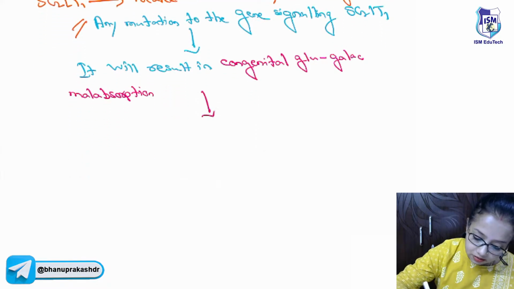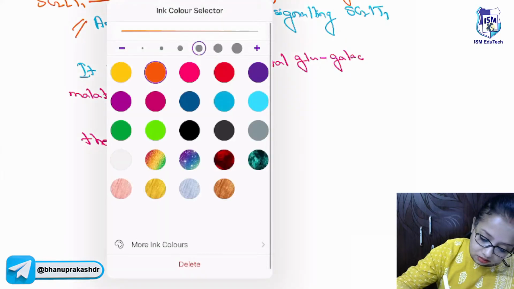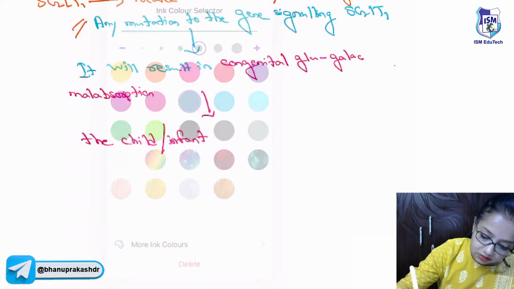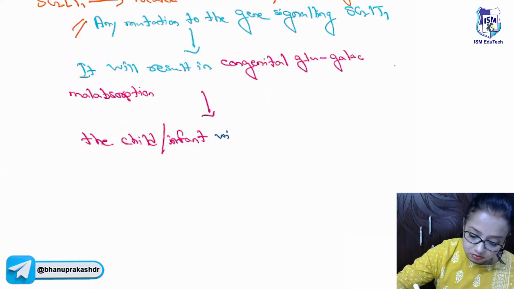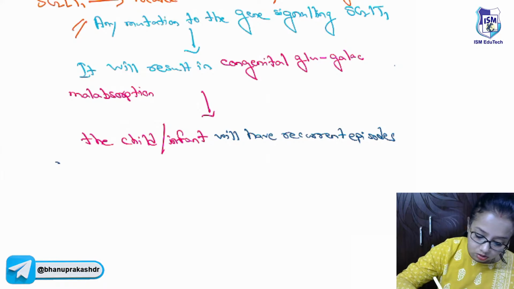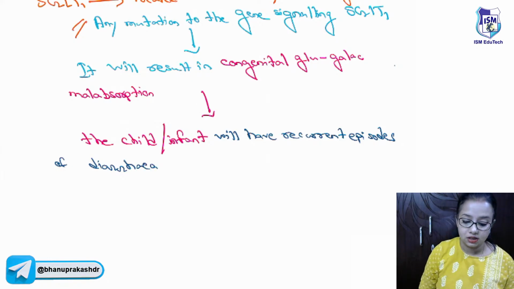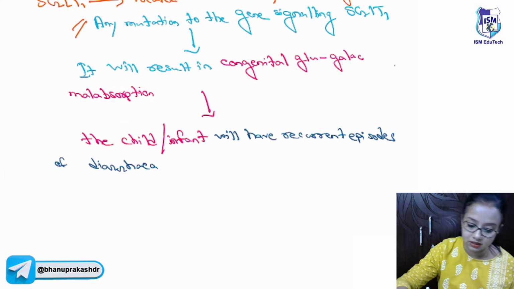Okay, as a result, if the severity is more, it will be very prominent in the infant stage itself. The infant will have recurrent episodes of diarrhea. Okay, and it can be fatal also if it cannot be corrected, right?